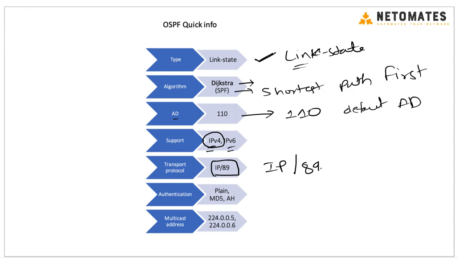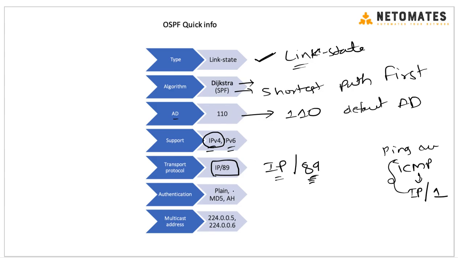OSPF falls under IP protocol 89. We did the ping, right? A communication test between two devices. This ping is based on the ICMP protocol, which is IP protocol number 1. Similar to that, OSPF uses IP protocol number 89.